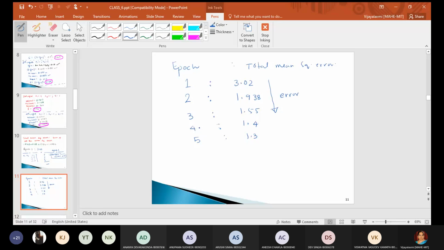So here in this case, after 5 iterations, this is the model which I have got. This is the Adaline neural network model.